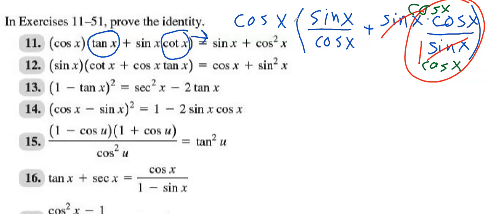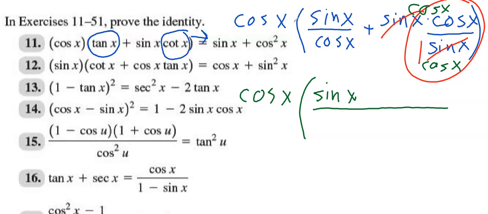I know, it's kind of looking messy. So we have cosine x, parentheses, sine x, plus cosine squared x, all over cosine x. Show me the magic. Yes. Beautiful.